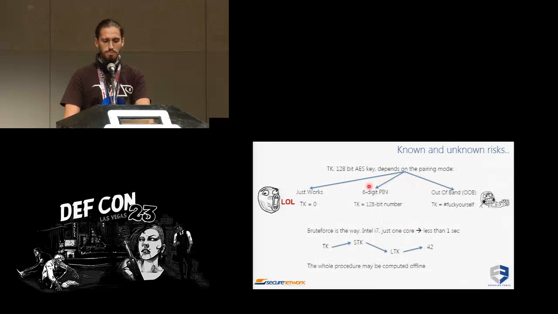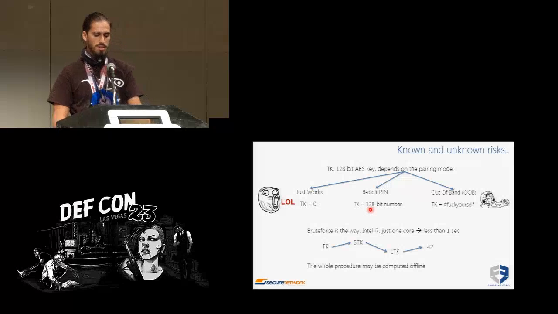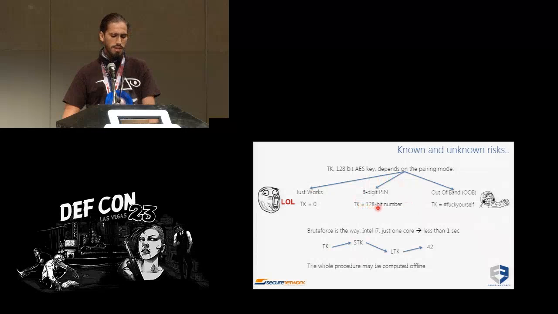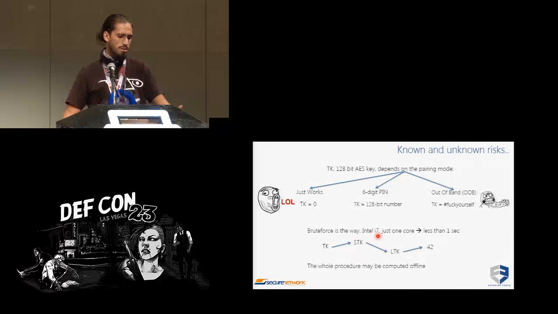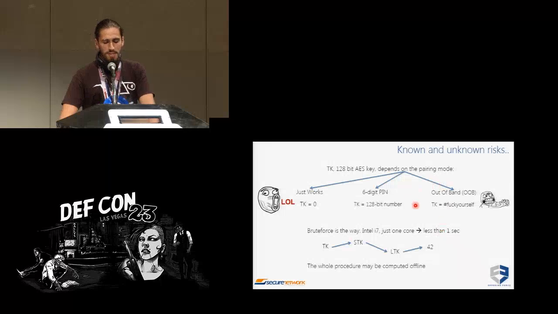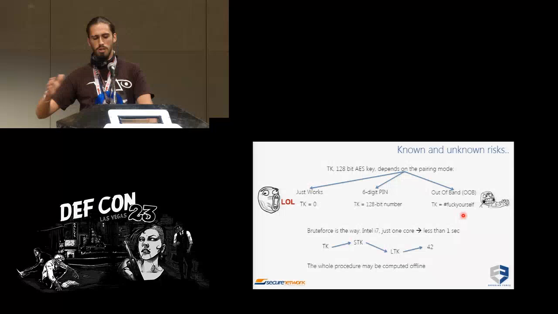If it is a 6-digit PIN, the TK is just a 6-digit number padded to a 128-bit number, and it can be easily brute forced using a PC, even offline, in less than 1 second. If it is out of band, it means that the message is transmitted in another spectrum band, and so it is not so easy to detect.